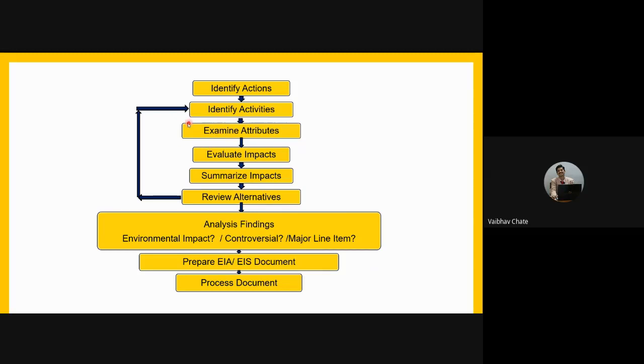So you are going to examine the attributes for the present condition without considering the project, and you are going to predict it to the future without considering the project, right?